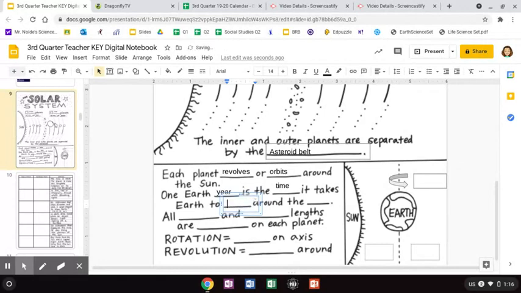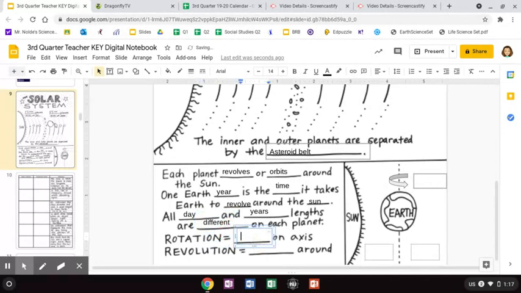So 1 Earth year is the time it takes Earth to revolve around the sun. So remember that all day and year lengths are different for each planet. They are different for each planet.